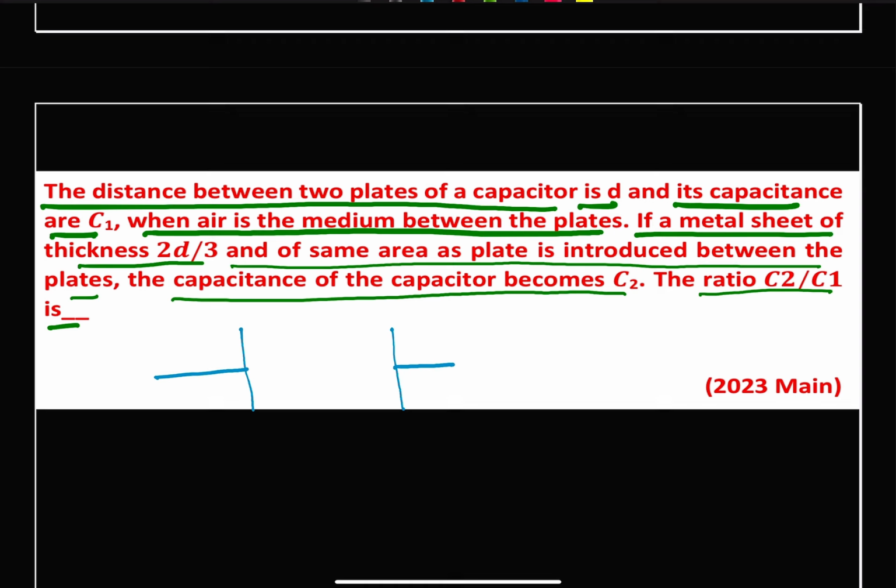So the distance between the plates is given as D. Now in between the plates, a metal sheet of thickness 2 by 3 D is introduced. So if we introduce a sheet of thickness, so this thickness is our 2D by 3.